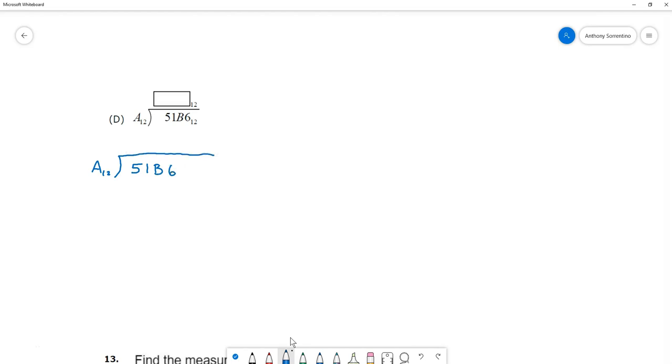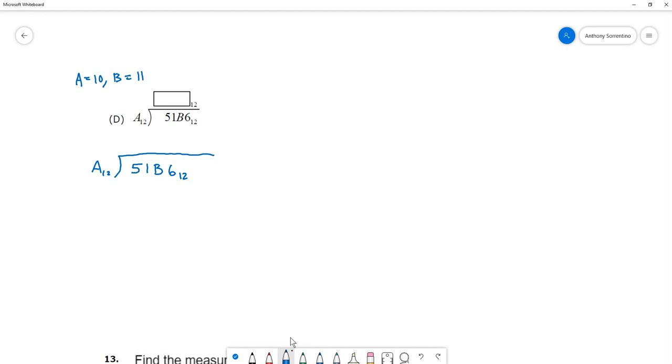Now because this is base 12, again, I have to be aware of the fact that A represents 10, B represents 11, as single digits, because the values of 10 and 11 would be single digits in base 12 math. And then I would have to be aware of all the multiples of A in base 12.